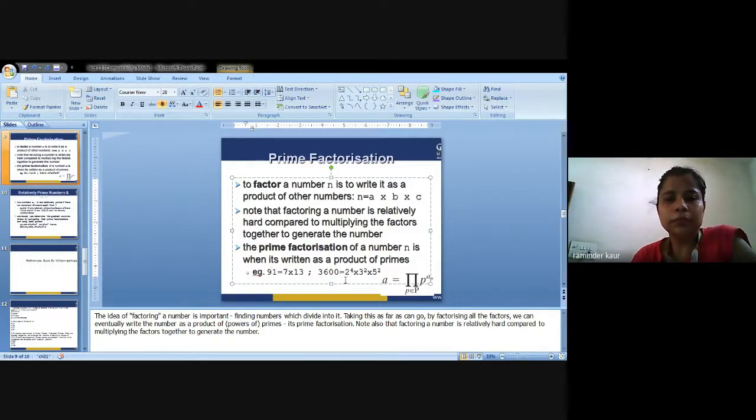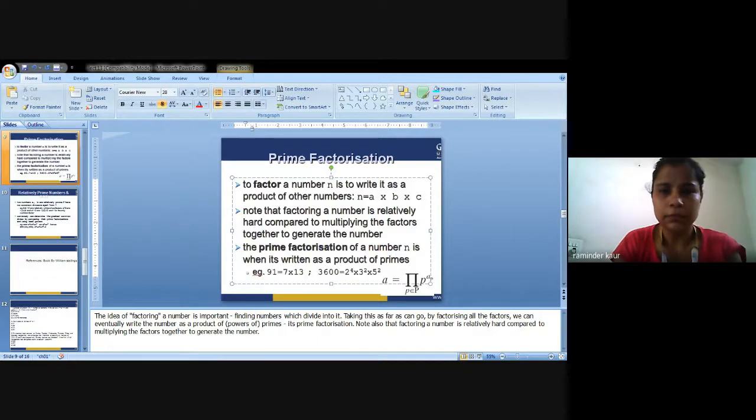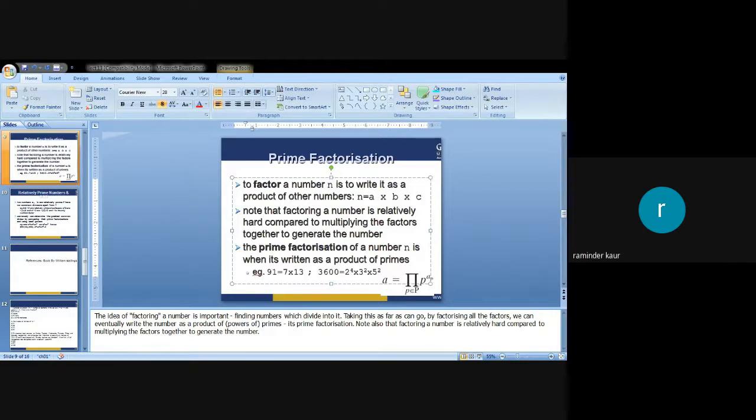So how could we define the same? For example, if I am taking 3600, then how could that be divided?